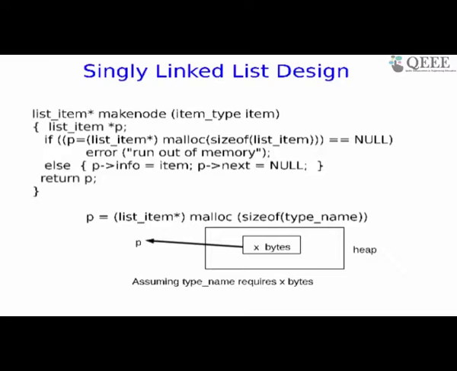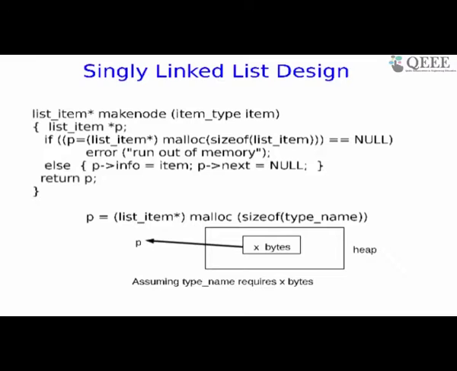So this long expression that you see, ignore everything and look at the malloc part of it first. Malloc asks how many bytes you want. I don't want to say 4 bytes or 5 bytes. I say, I have given you a list_item. List_item is a box which has an item type, which is int and therefore 4 bytes, and a pointer to a box and therefore 8 bytes.